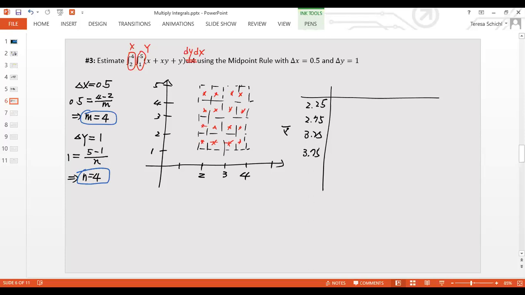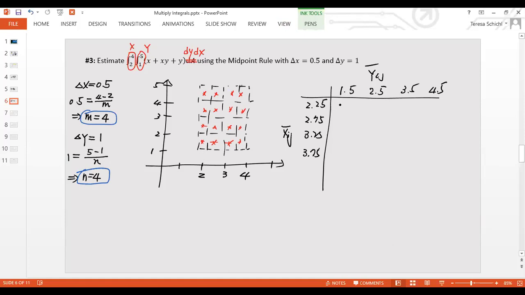So these will be my xij points. The yij points are the vertical ones: first 1.5, then 2.5, then 3.5, then 4.5. Then you plug each number into the function.